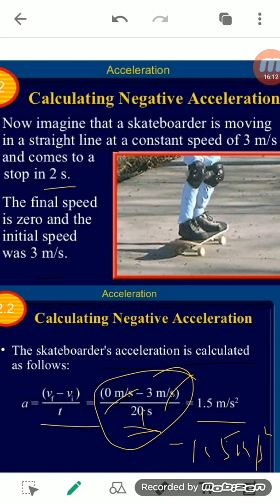And if the initial velocity is less as compared to the final velocity, that kind of acceleration is a positive acceleration. We can understand it this way: if the speed of the body is continuously increasing, that is a positive acceleration, and if the speed of the object is continuously decreasing and finally stops, that is a negative acceleration.